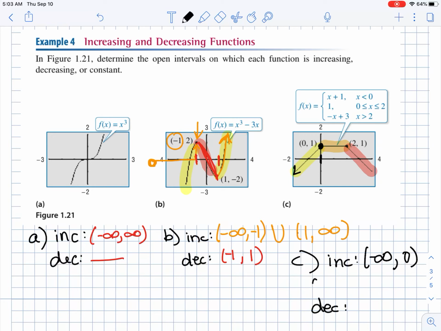Actually, they are asking for constant. So when are we constant? We're constant from that point of 0 all the way to x equals 2. So we say from 0 to 2. And then we know we're decreasing from 2 to positive infinity. Okay, and that's it for part 1.